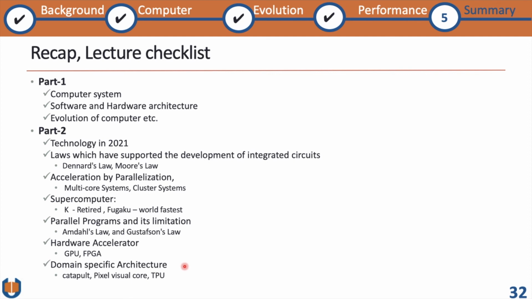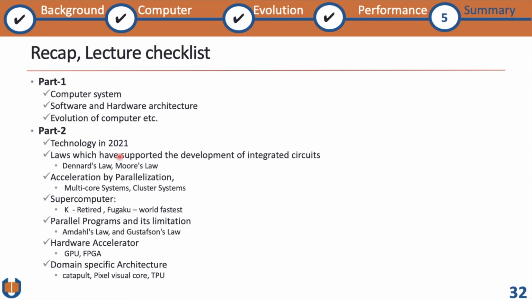That's a very important thing at the end of this course, and please read this step carefully. I think this is the content we have discussed so far. In part 1, we covered very basic things like the computer, and in part 2 we discussed the latest technologies.